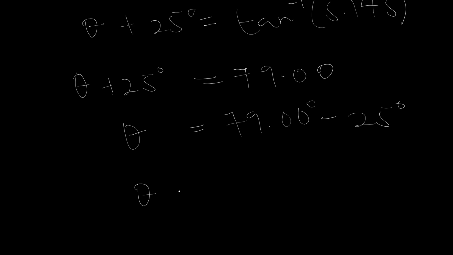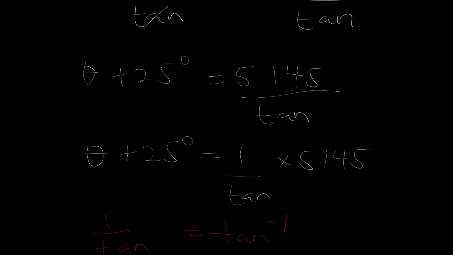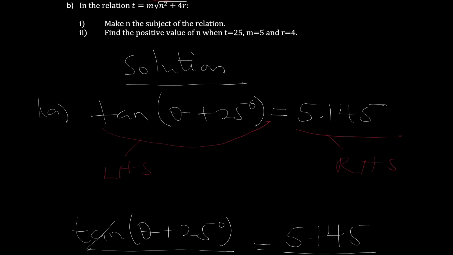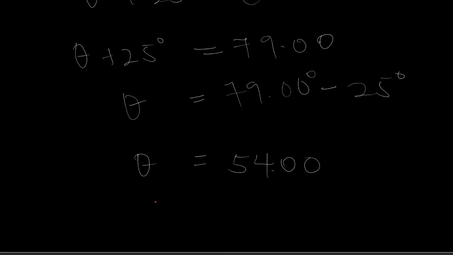So theta should be equal to 54.00 degrees. But let's move back to the question. It says correct to 1 decimal place. So theta to 1 decimal place is 54.0 degrees.